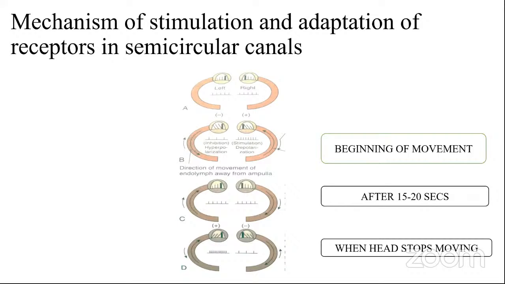Then after 15 to 20 seconds, you can see in one semicircular canal it is moving away from the ampulla, whereas in the other semicircular canal it is moving towards the ampulla.